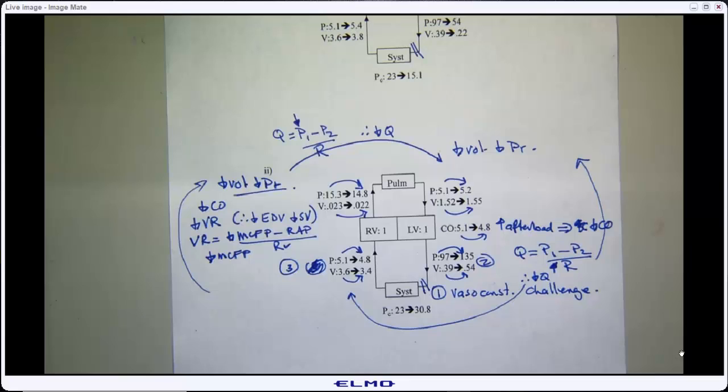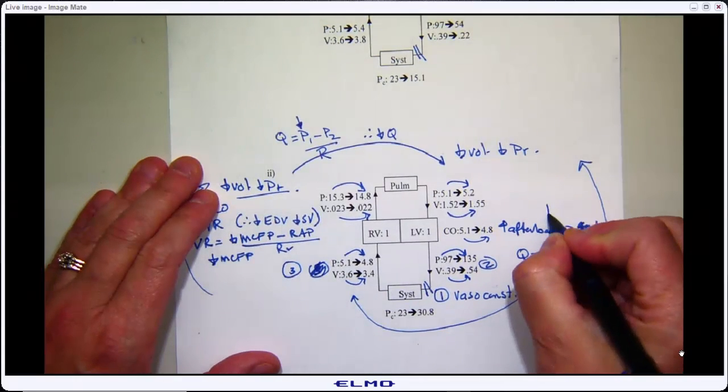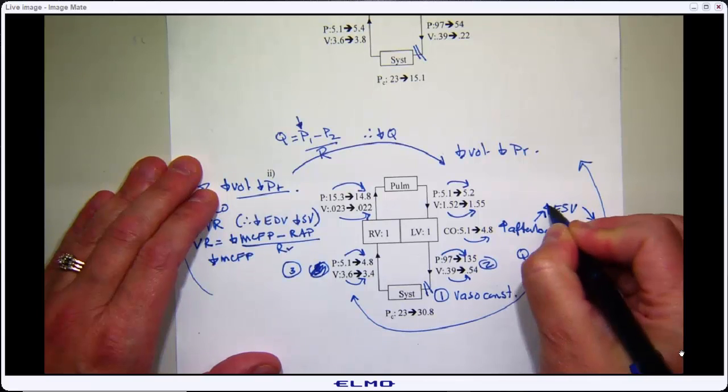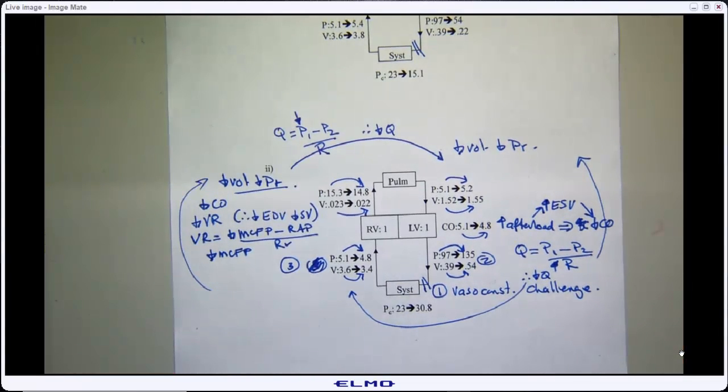But the afterload's the critical poke. And then the result of that will be, I'm not ejecting as much, right? My aortic valve was open less. So now I do have an increase in end systolic volume, right? Which was a drop in cardiac output. Let's do that. Increase in end systolic volume. Ooh, let's make that part of our argument so we're clear.